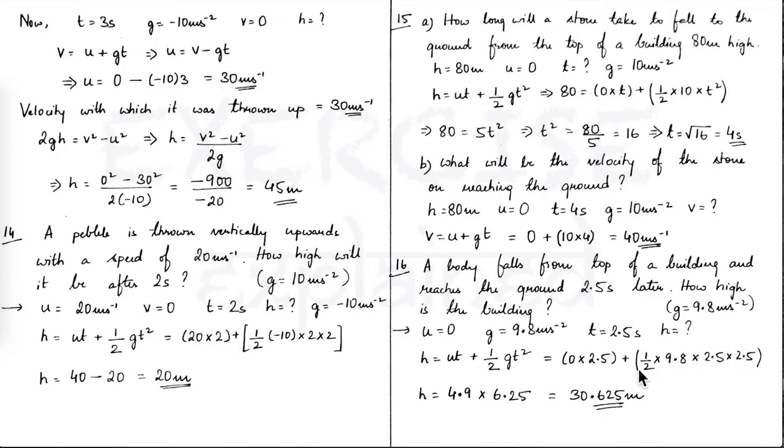So half and 9.8 cancel, so here I get 4.9. 2.5 into 2.5 gives me 6.25. So I get h is equal to 4.9 into 6.25. That gives me 30.625 meters. So 30.625 meters is the height of the building.